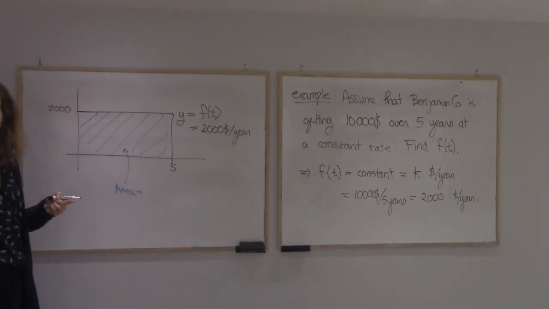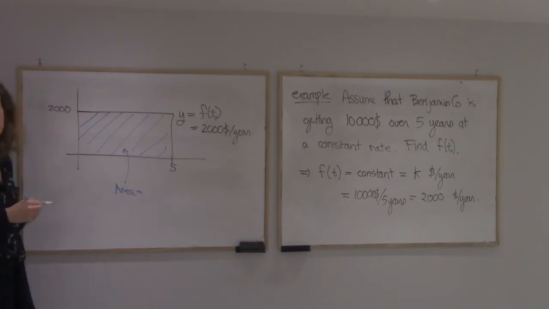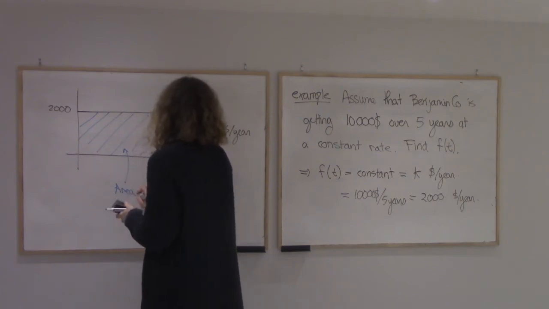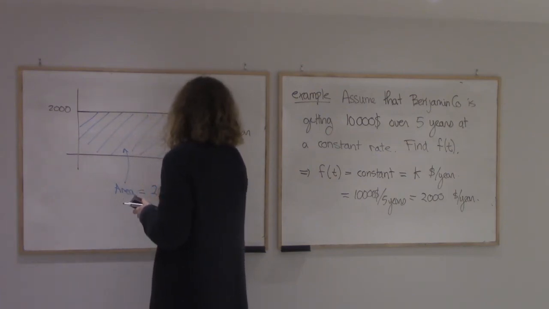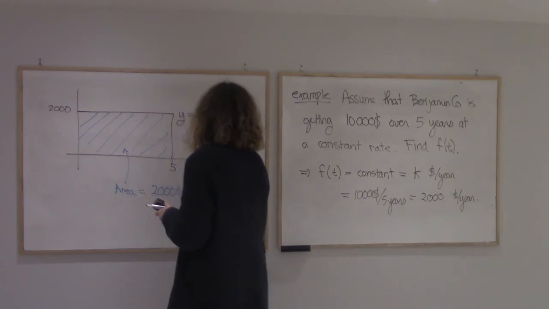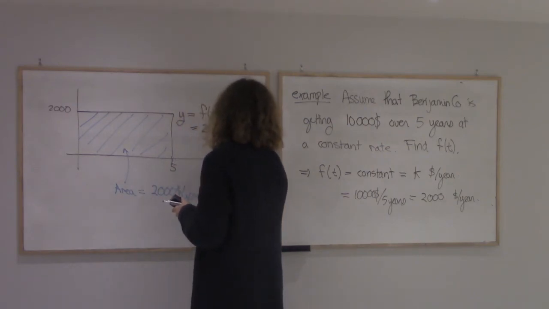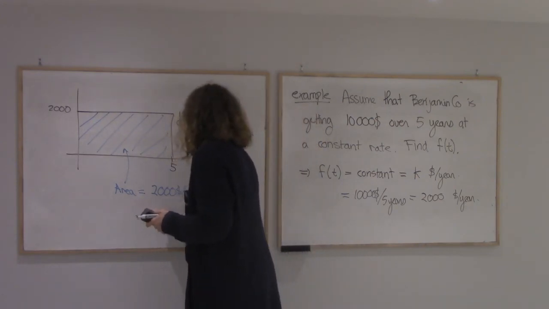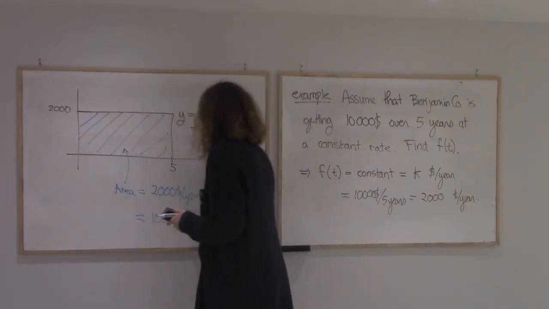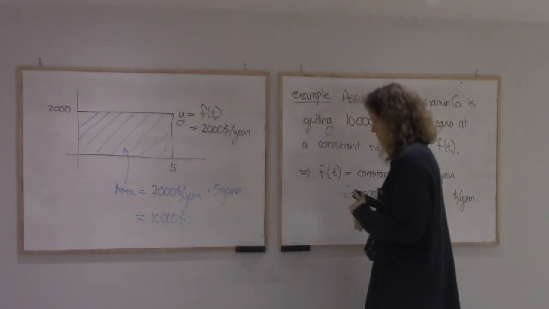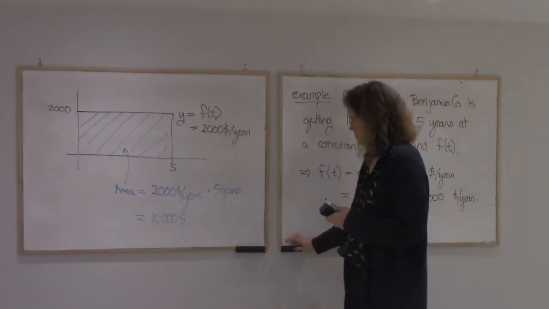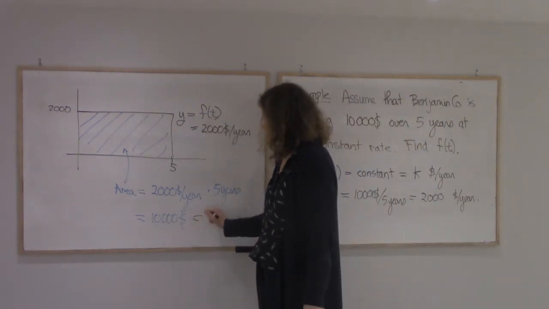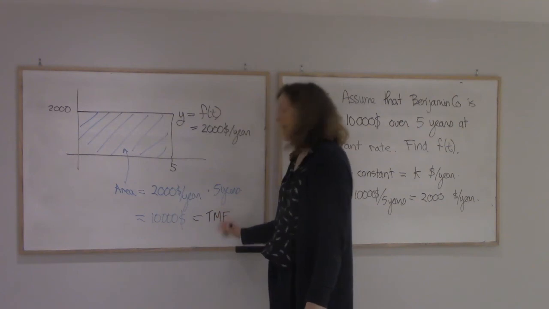Well, the width is 5 for 5 years. The height is 2,000 for $2,000 per year. So the area would be the product: $2,000 per year times 5 years, and so we get $10,000. And so the area under this curve, in this case and in all cases, will be the total money flow. That's your capital.